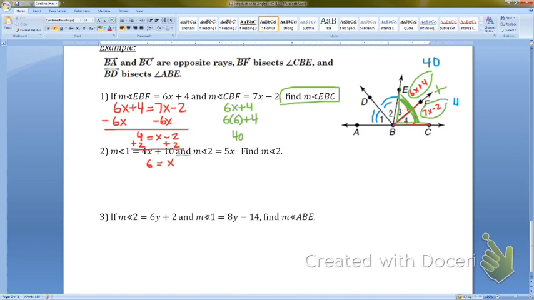And down here is also 40 because they're congruent. So I know that the measure of angle, this is showing your work, and I'm a big person when it talks about showing your work. I need you to show your work. 40 plus 40. So the measure of angle EBC is 80 degrees.